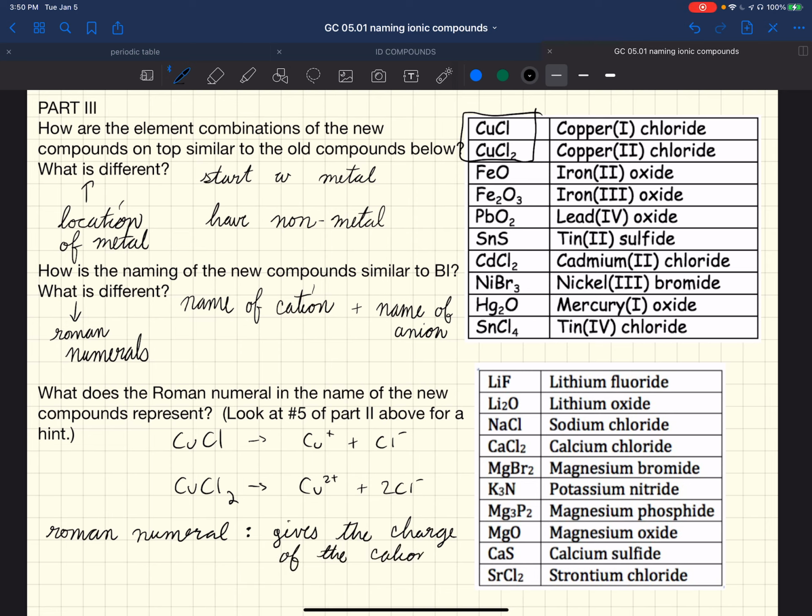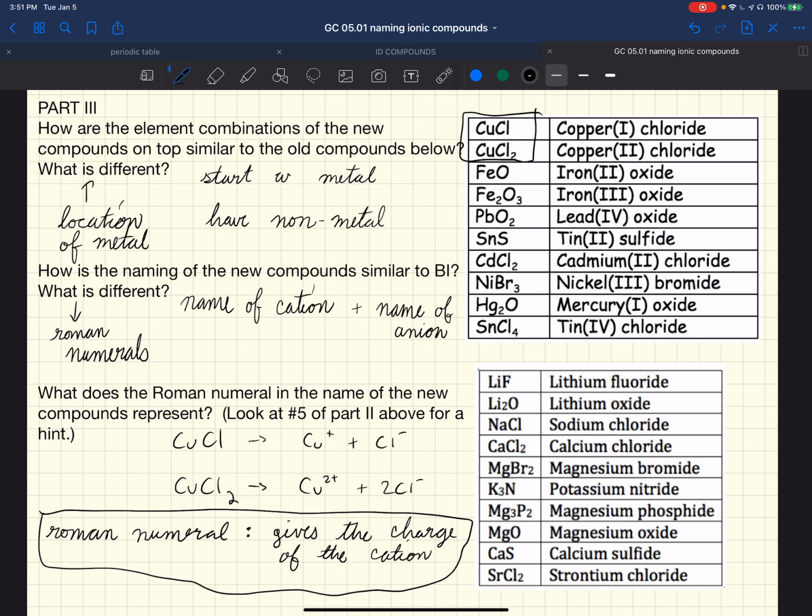Now, these are going to be honestly a little tricky because the other ones were easy, since we could use the charge of the cation to figure out how things balance out. Here it's going to be a little tricky because some of these metals have more than one possible charge. But this Roman numeral gives the charge of the cation.